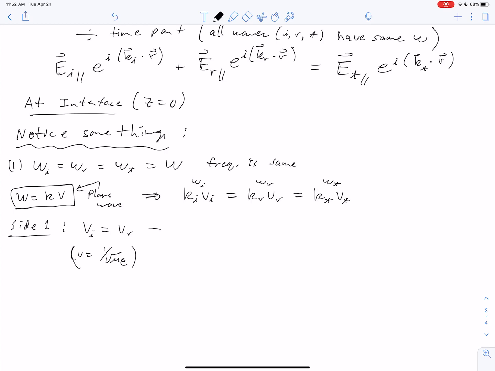And so if Ki Vi equals Kr Vr, and the two velocities are the same, then that means that Ki equals Kr.